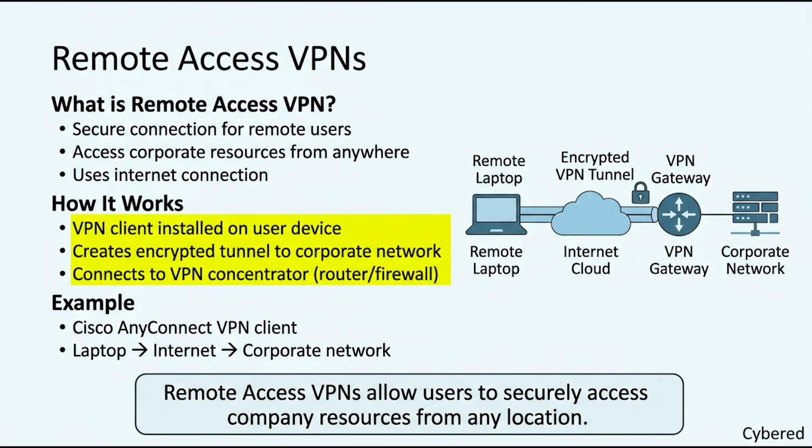With a remote access VPN, a secure VPN tunnel is established between the user's device and the corporate network. Typically, a VPN client application such as Cisco AnyConnect Secure Mobility Client is installed on the user's computer. The VPN client creates a secure connection between the user's device and a VPN concentrator, such as a firewall or router located at the corporate site.